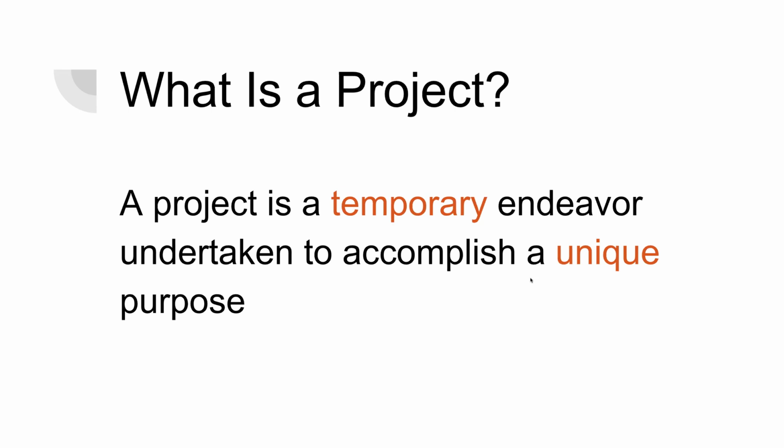Even though the actual end product is kind of the same, what we are trying to accomplish is completely different. Okay, so a unique purpose has different things in it. So we need to make sure every product that we're going to be developing has a unique purpose to it.